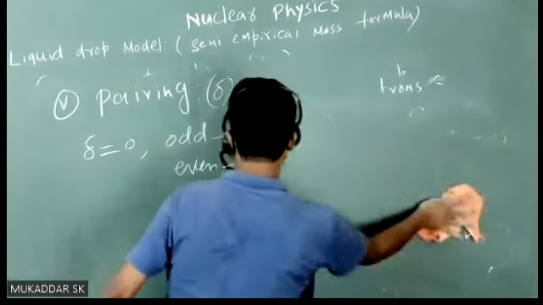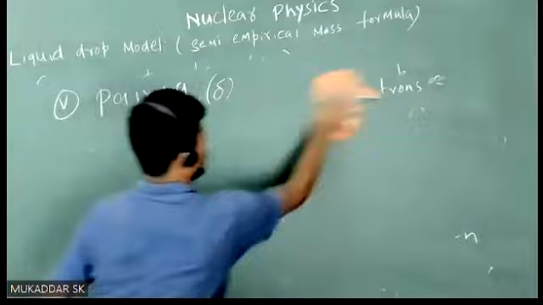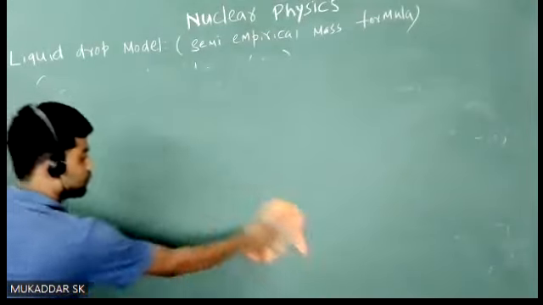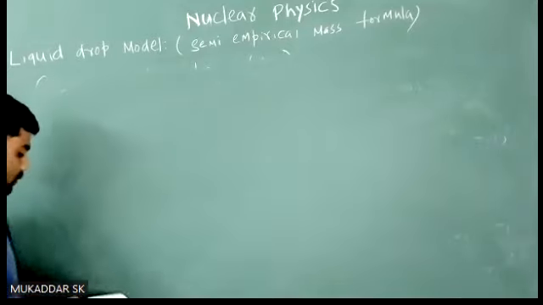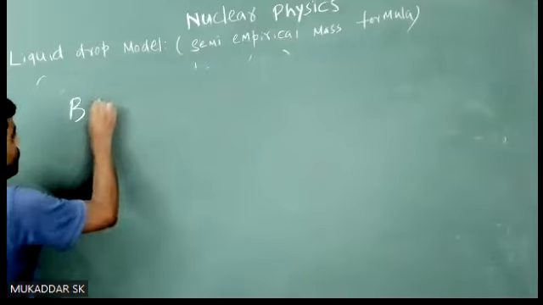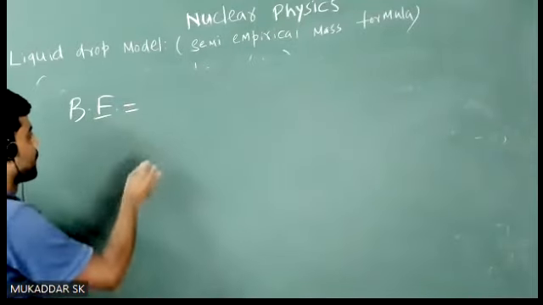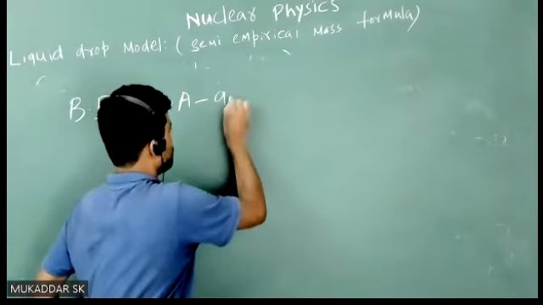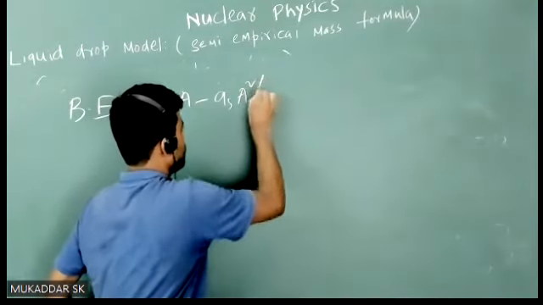Okay, so final binding energy. Now you have the total binding energy of a nucleus, which you have already written: B.E. will be a_V A, then you will have the surface term a_S A^(2/3), then a_C Z^2 divided by A^(1/3). Here you can write a_C Z(Z-1) divided by A^(1/3).